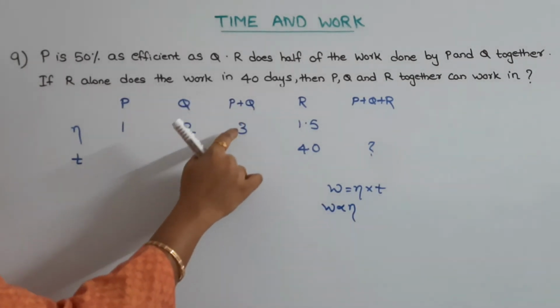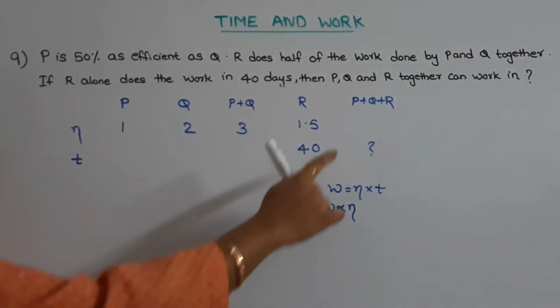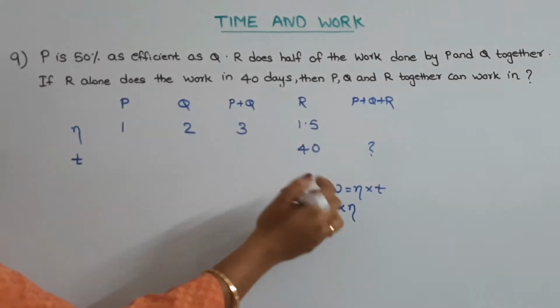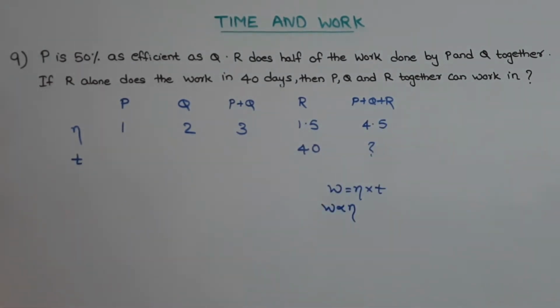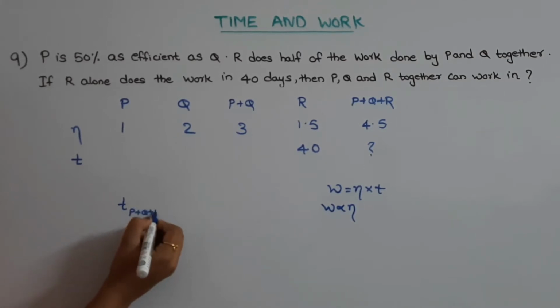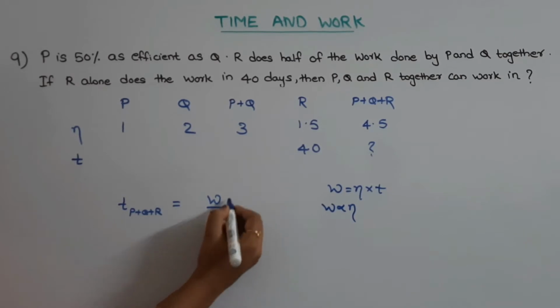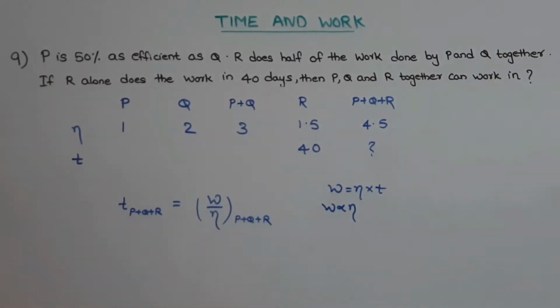Efficiency of P and Q is 3, efficiency of R is 1.5, hence the total efficiency of P, Q and R together will be 3 plus 1.5, that is 4.5. So time taken by P, Q and R together will be equal to work done divided by efficiency of P, Q and R together. Efficiency of P, Q and R together we found as 4.5.